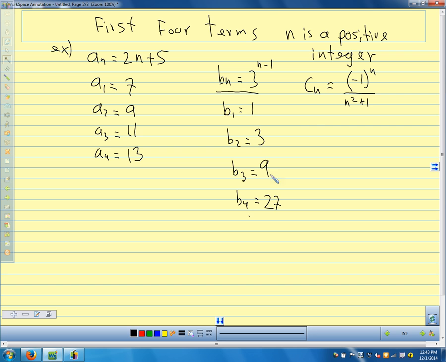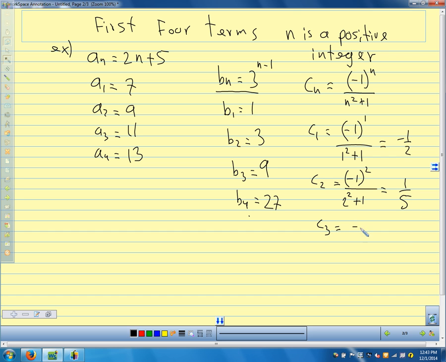So let's do our first term. So c sub 1 is, I'm going to write these out, minus 1 to the 1 over 1 squared plus 1, which is going to be negative 1 half. C sub 2 would be minus 1 squared over 2 squared plus 1, which is 1/5.